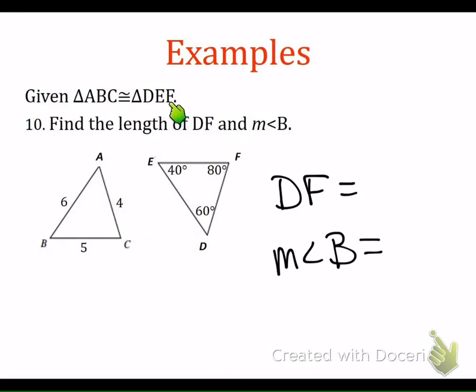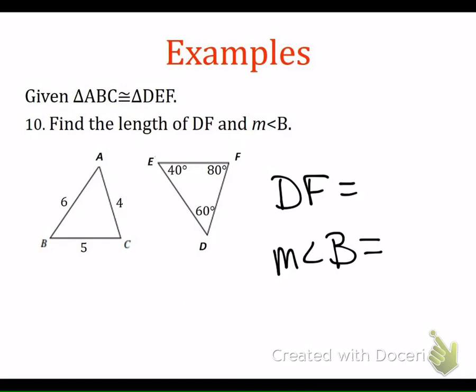All right, so I'm going to find DF here. DF is the first letter and the third letter in the second triangle. So it should be the same as the first letter and the third letter of this triangle. So what side would that be? 4.